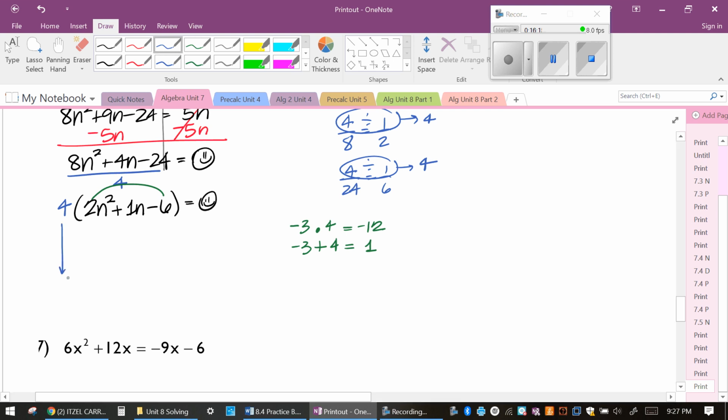So I'm going to go ahead and bring down that 4 so I don't forget it, and focus on splitting the middle term here to a negative 3n and a positive 4n. I'm also going to bring the 0 down. I'm going to find the GCF of the first two terms and the second two terms.